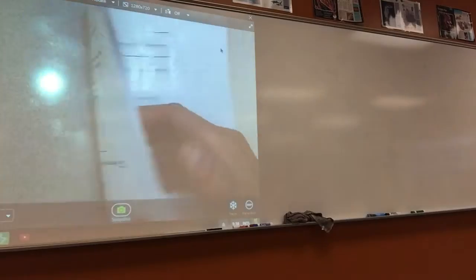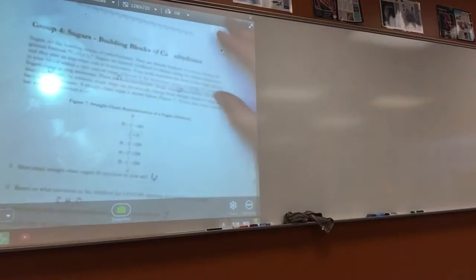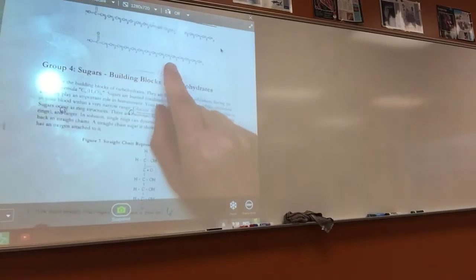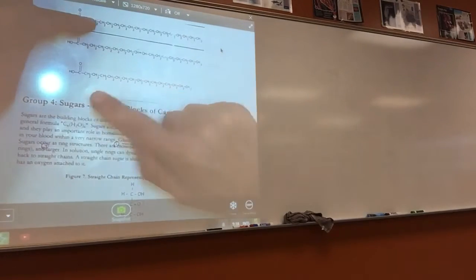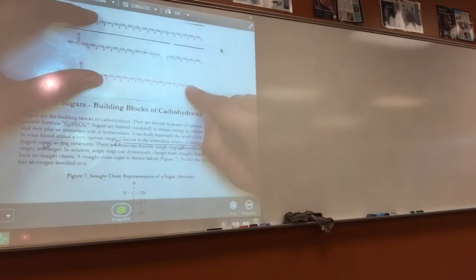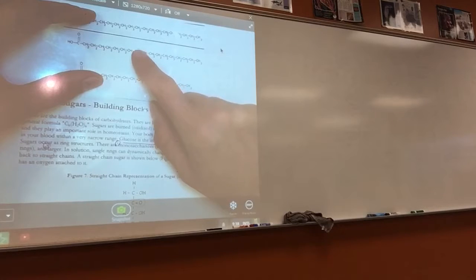The next question asks, how many are saturated? Saturated means no double bonds between the carbons. So these 2, what I put on the top and the bottom, have no double bonds. So we have 2 of those. And then monounsaturated, mono means 1, so that's this one here that has 1 double bond between these 2 carbon atoms. So there's 1 of those.